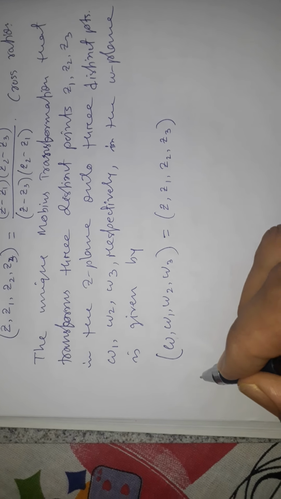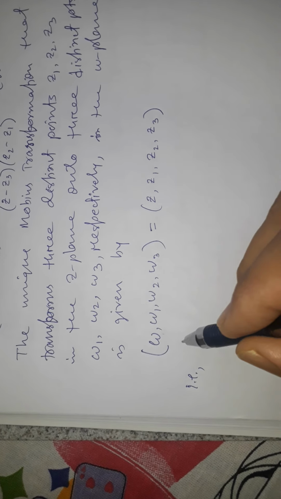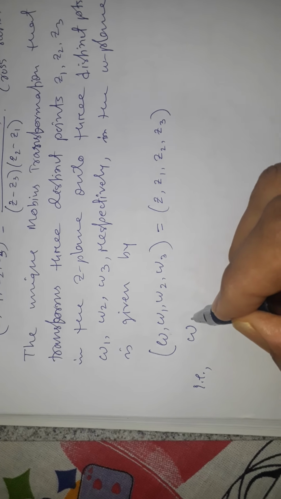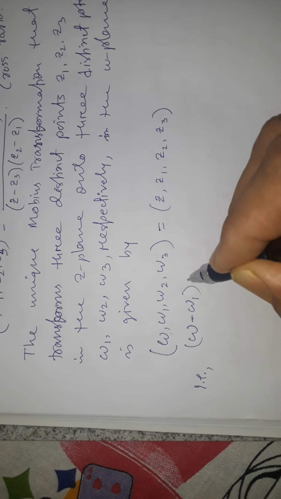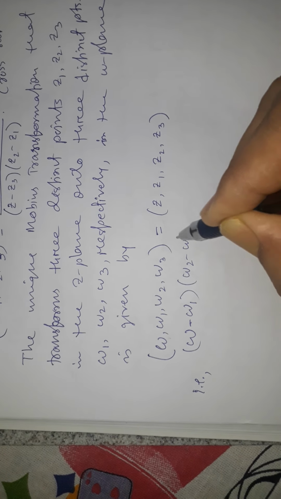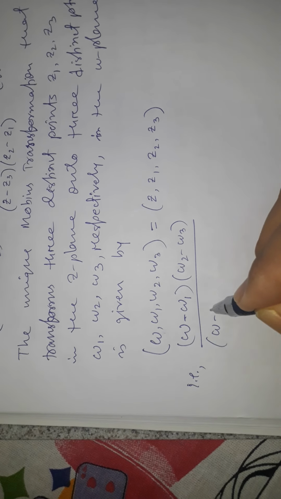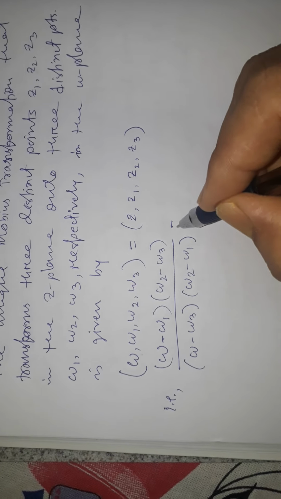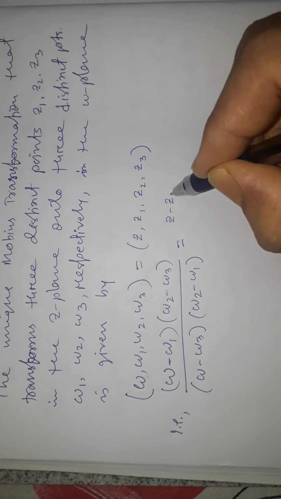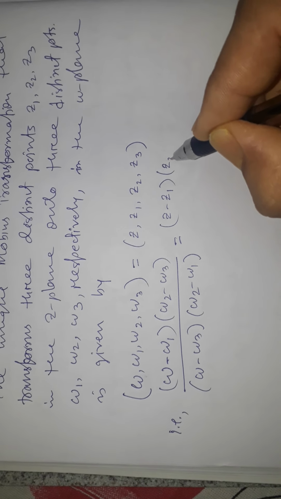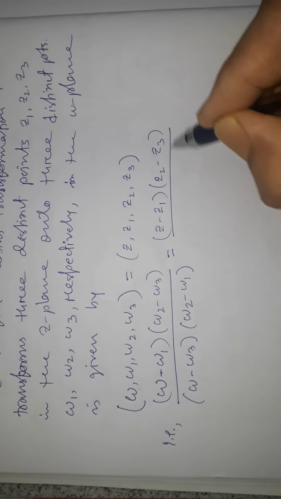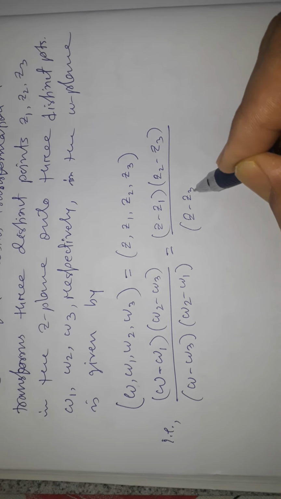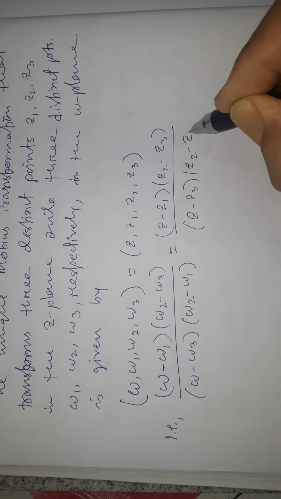Okay, so we already know how we define this cross ratio: (w minus w1)(w2 minus w3) over (w minus w3)(w2 minus w1), and this is (z minus z1)(z2 minus z3) over (z minus z3)(z2 minus z1).